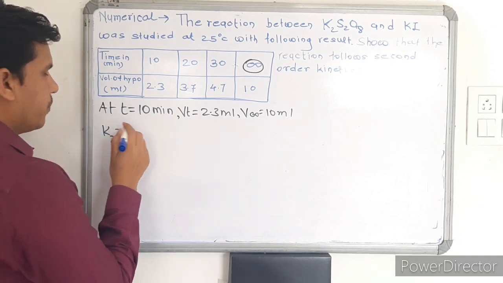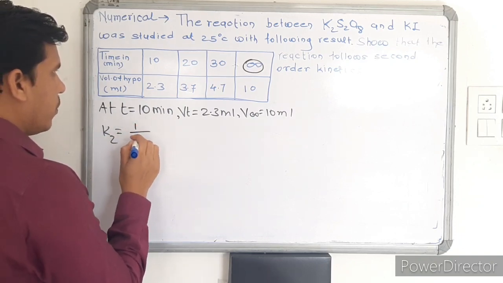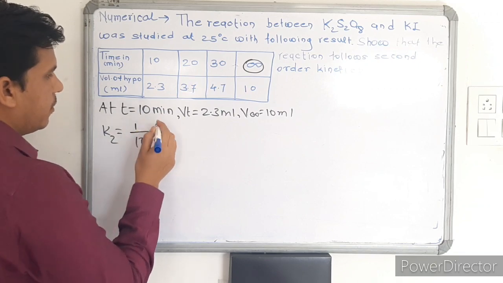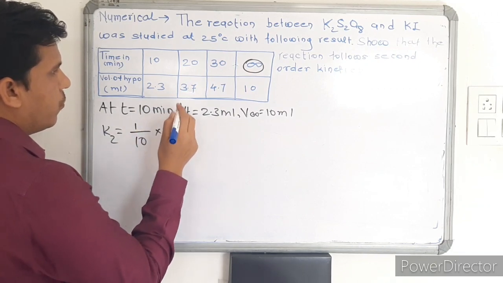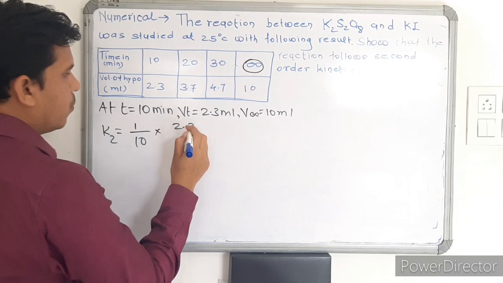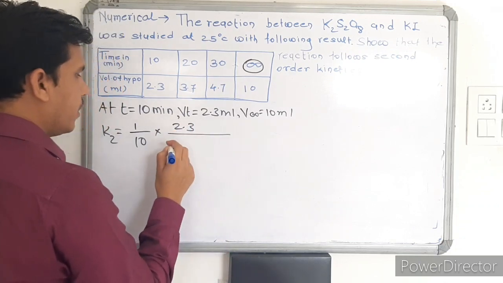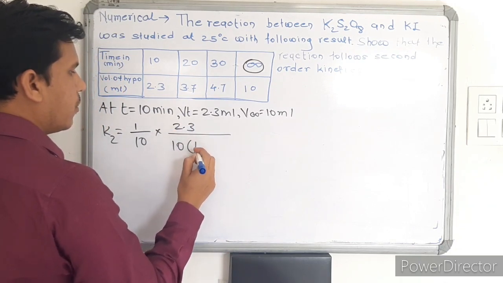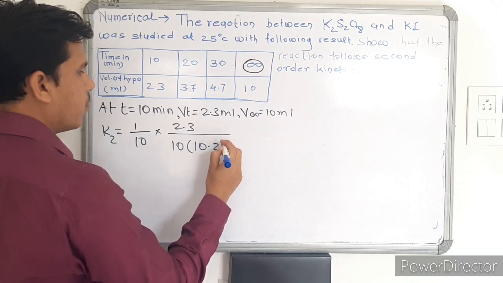K2 is equal to 1 upon 10 into Vt 2.3 upon V infinity 10 into 10 minus 2.3.